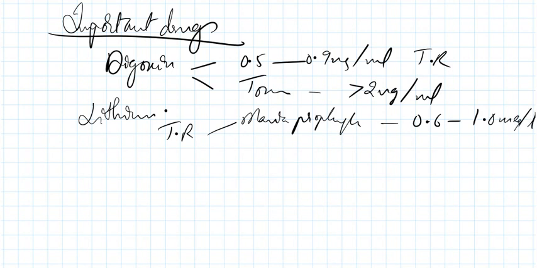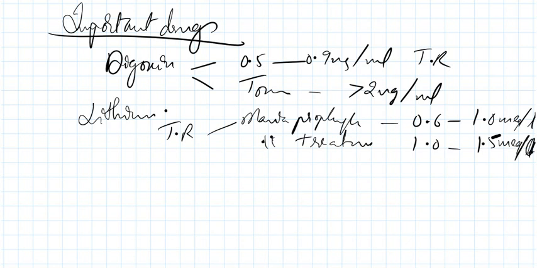If it is mania treatment, then the therapeutic dose of lithium is 1.0 to 1.5 milliequivalents per liter.